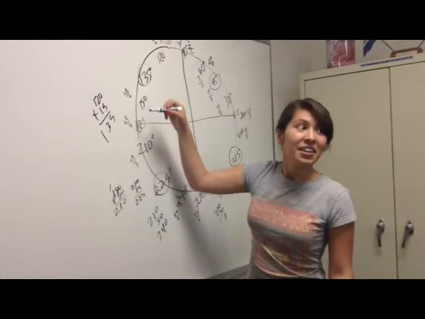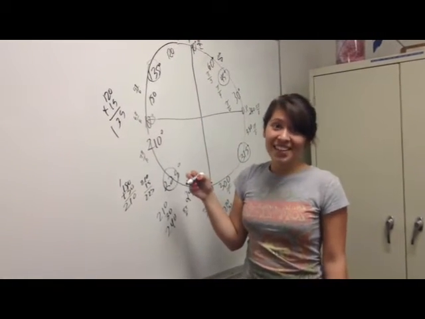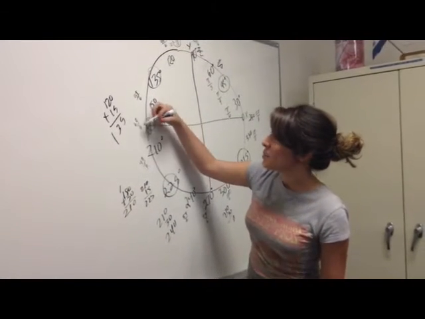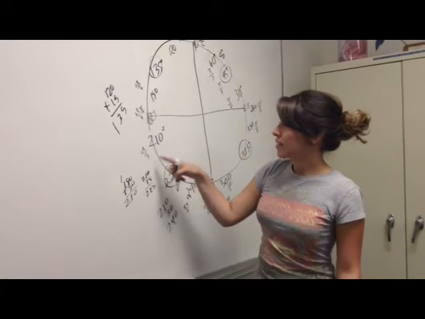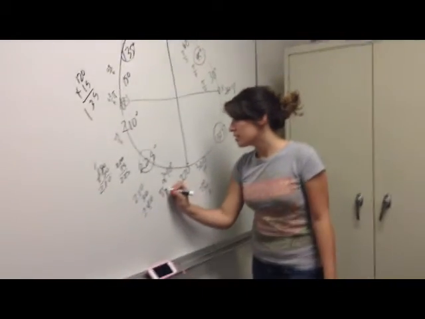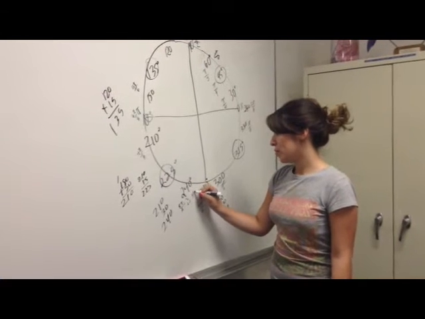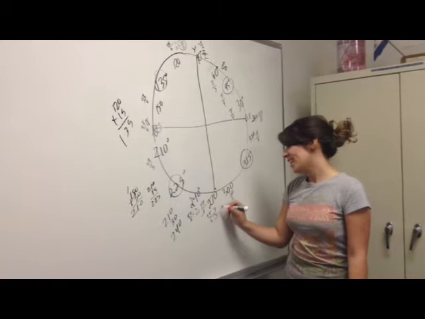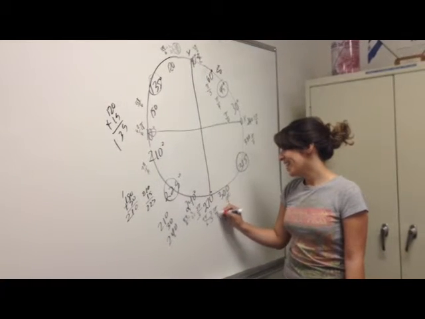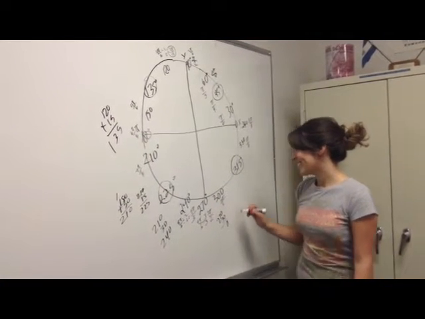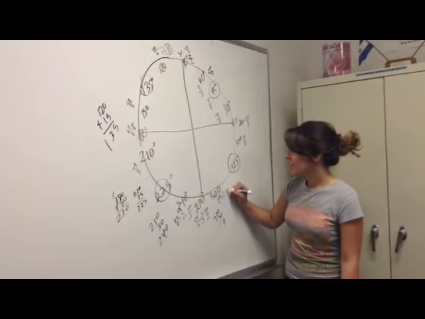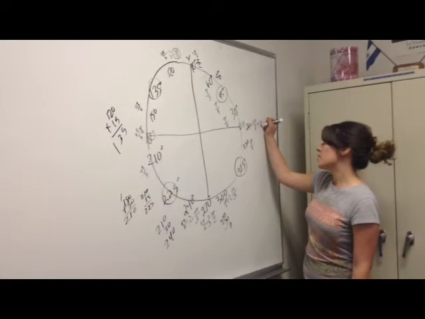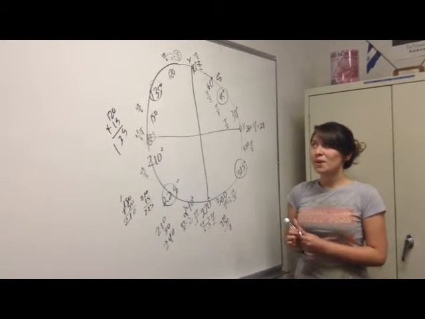Okay, 6 pi over 6 is just pi. 7 pi over 6 stays 7 pi over 6. 8 pi over 6 divided by 2 equals 4 pi over 3. 9 pi over 6 divided by 3 is 3 pi over 2. 10 pi over 6 divided by 2 is 5 pi over 3. And this one simplifies to 2 pi. And that is where we pause the video.